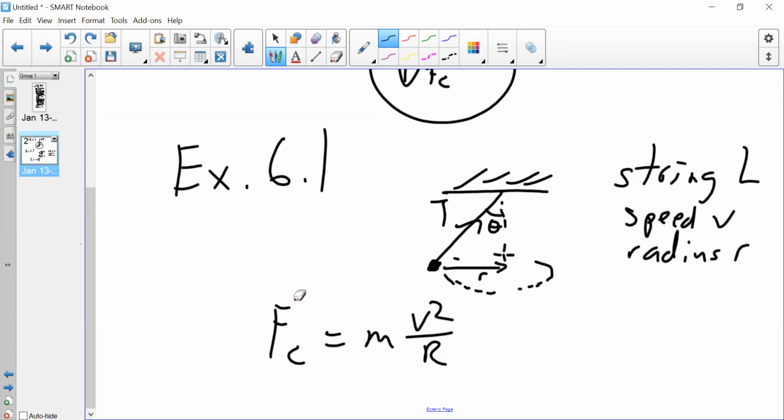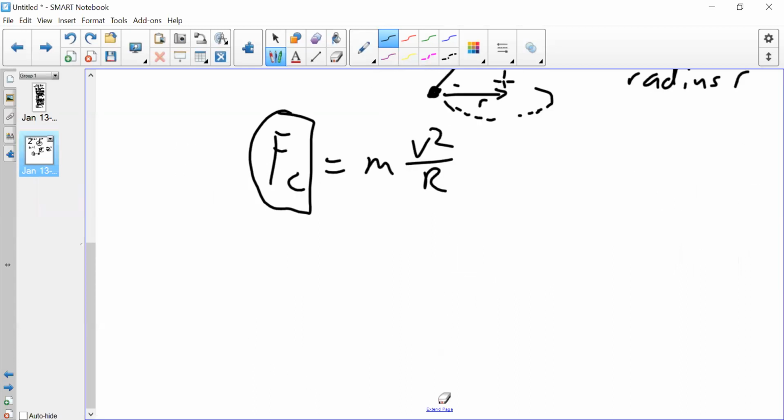So before we get that, we have to get the force that makes that, right? Because this is a net force equation. And so generally what we do in order to get the forces that make up the net force is we use free body diagrams.